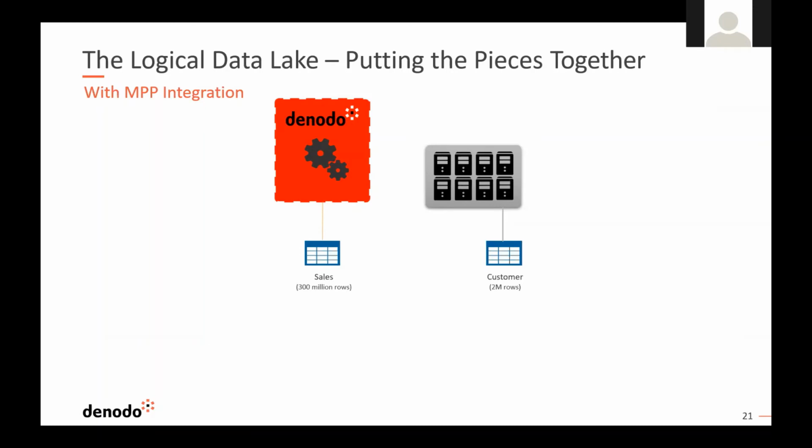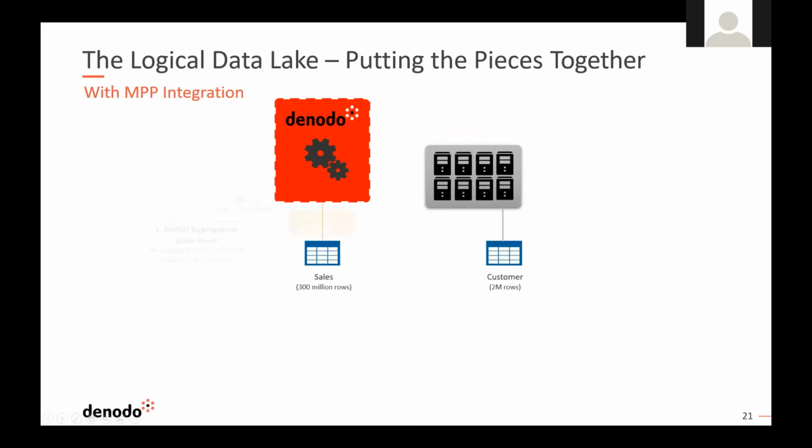We've got this very simple example here, where Denodo is connecting to a sales table that might have 300 million rows, and in our Hadoop cluster, we might have our customer table of 2 million rows. What we're trying to do is build a report or build a view that connects the two data sources together.